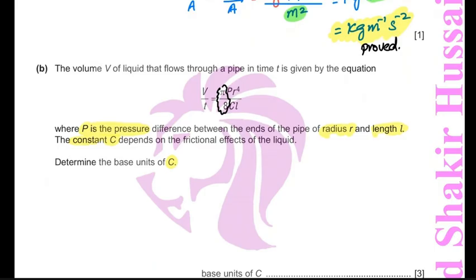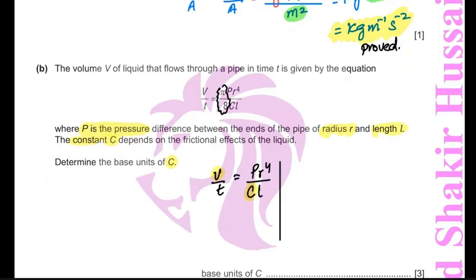And if I just rearrange it, have they given us V? V is the volume. So it will be V over t equals P r power 4 over C L. Now you need to make C the subject. To make C the subject, you just bring it to the other side.